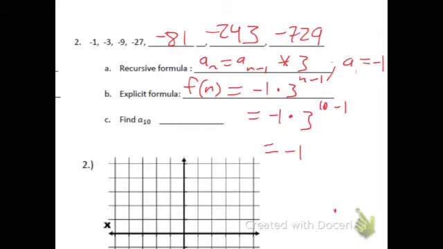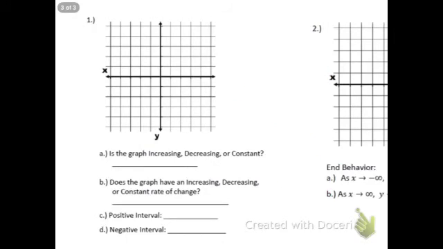Well, 10 minus 1 is 9, so you got 3 to the 9 power. 3 to the 9 power is kind of a big thing. Please use a calculator, just because I wouldn't want you to have to multiply 9 threes together. But when you do that, you get a grand total of negative 19,683. Ta-da! Done.